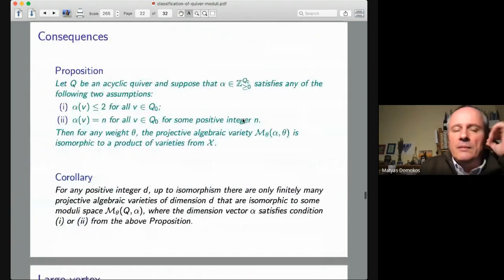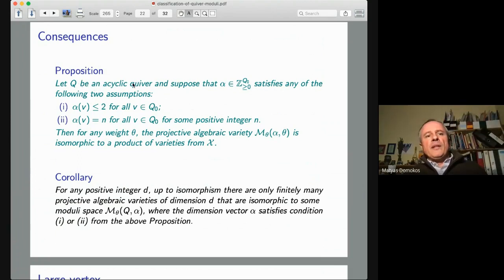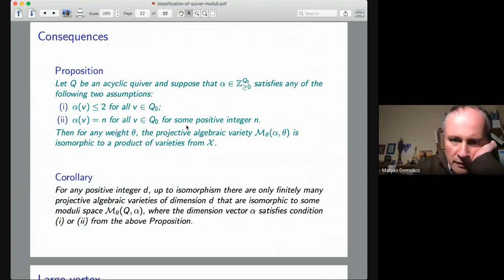It turns out that if Q is an acyclic quiver, and the dimension vector alpha satisfies either of the following two assumptions, that it's bounded by 2 on each vertex, or it takes the constant value n on each vertex, then the number of isomorphism classes of moduli spaces that can be realized with such dimension vectors is finite.